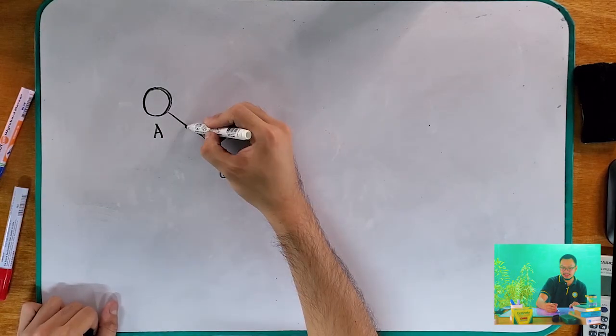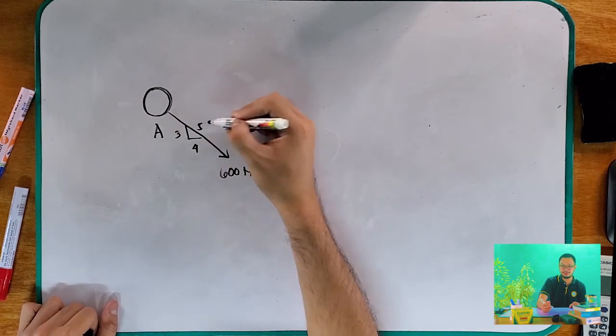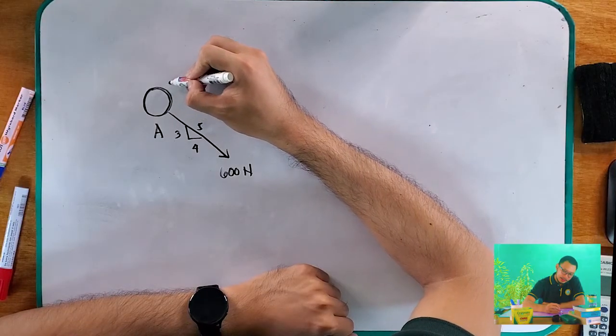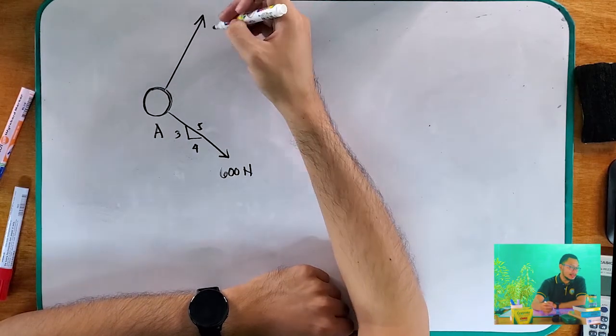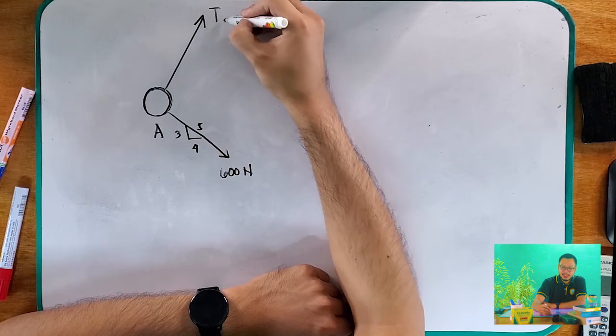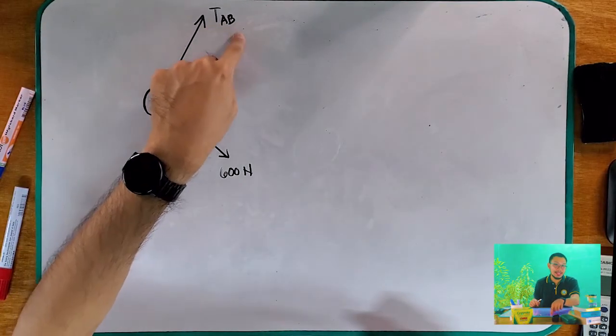And this is directed to a slope of 3, 4, and 5. That is the first force. We have another force going this way, which we call TAB. Since we do not yet know the magnitude of that force, we just name it the tension in our cable AB. Okay, that is why I placed TAB.